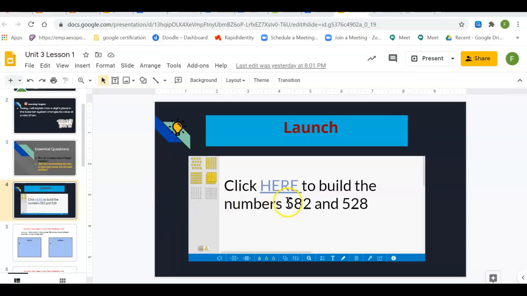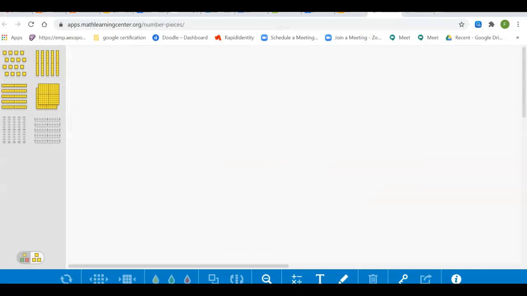Okay, so you've had a chance to write down in your math notebook the number 582 and the number 528, because we're going to need it when we click on this in order to build the numbers. So once you click on this, it's going to bring you to a new screen, okay? And it opens up this website where we can practice.